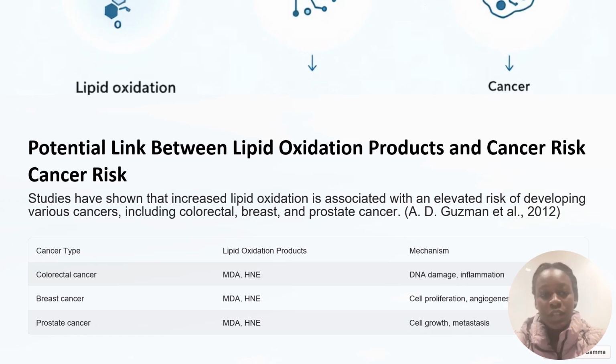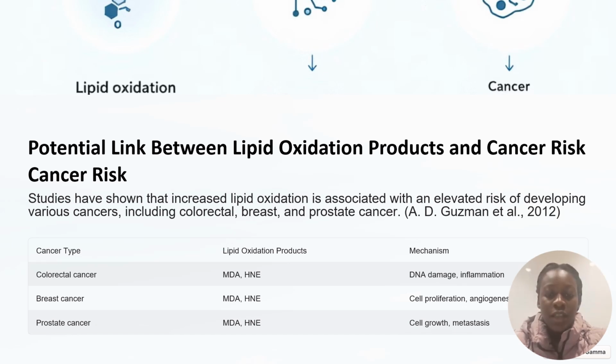So, for example, as you can see in this slide, colorectal cancer risk is influenced by MDA and HNE through the mechanism of DNA damage and inflammation. And as we talked about in the previous slides, inflammation can cause cancer progression, cancer development.